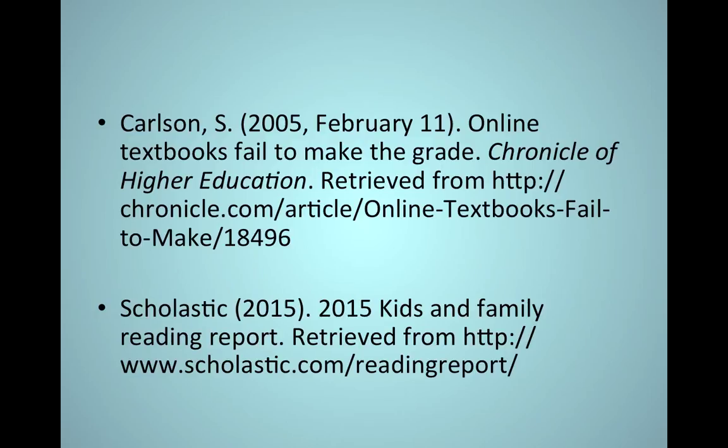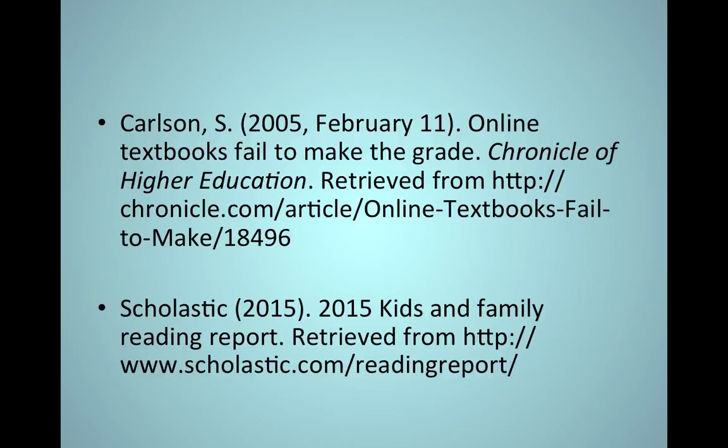A couple of questions have come up about websites, and so I include a couple of website examples here. The first one is an article retrieved from a periodical that's online. So that's a web magazine, a web newspaper, something that publishes articles on the website on a regular basis. You'll see here that the date of that article is listed, and notice how the date is listed, not the typical way we write a date.